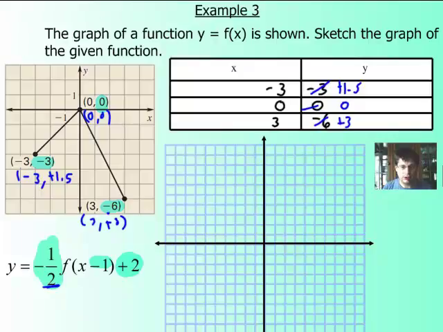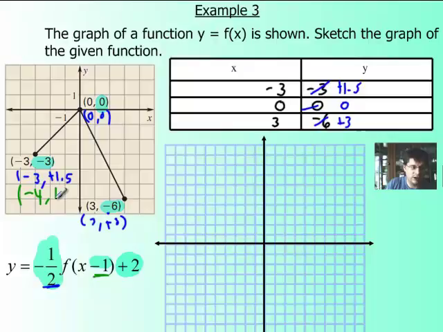The horizontal shift deals with our x values, left and right. Since we're saying -1, that means we're going to shift it to the left one. So now this point goes from -3, we shift it left one, and it's going to be -4.